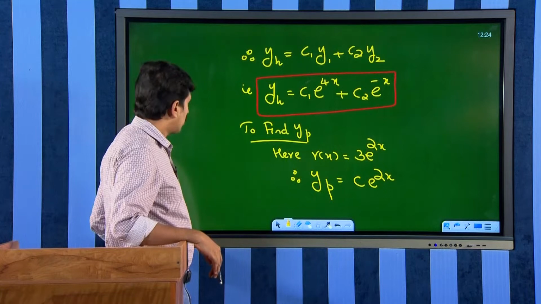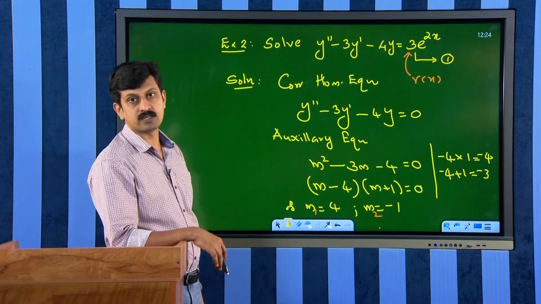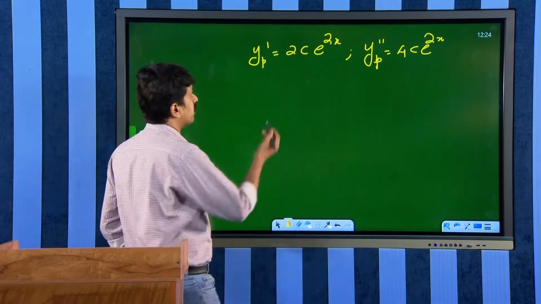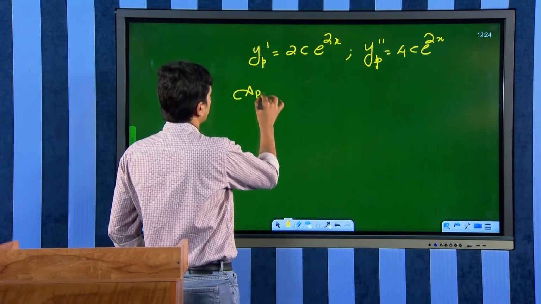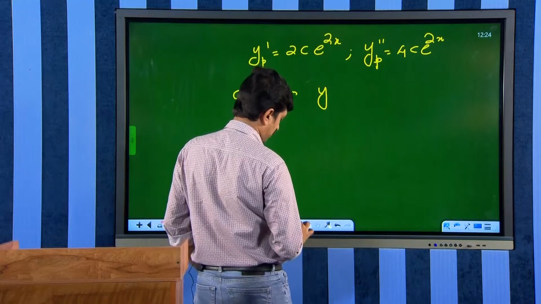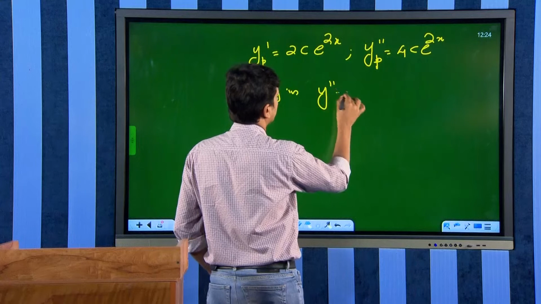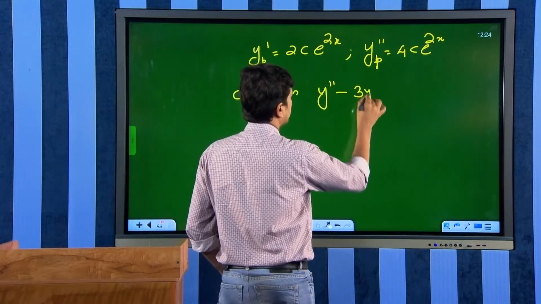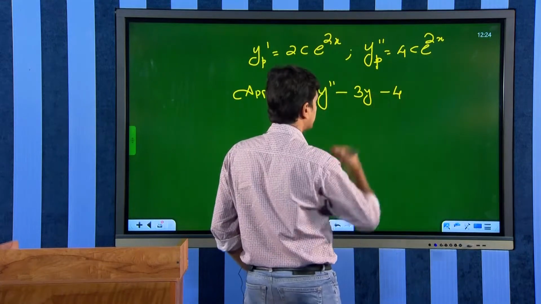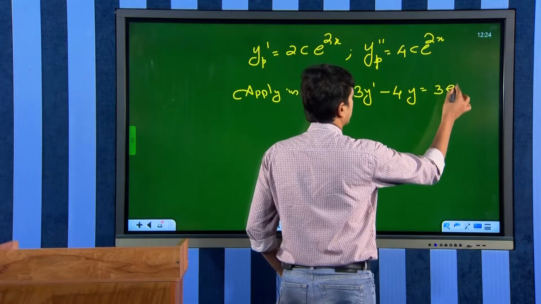Fine. So we have to apply here y double dash minus 3y dash minus 4y is equal to 3 e raised to 2x.